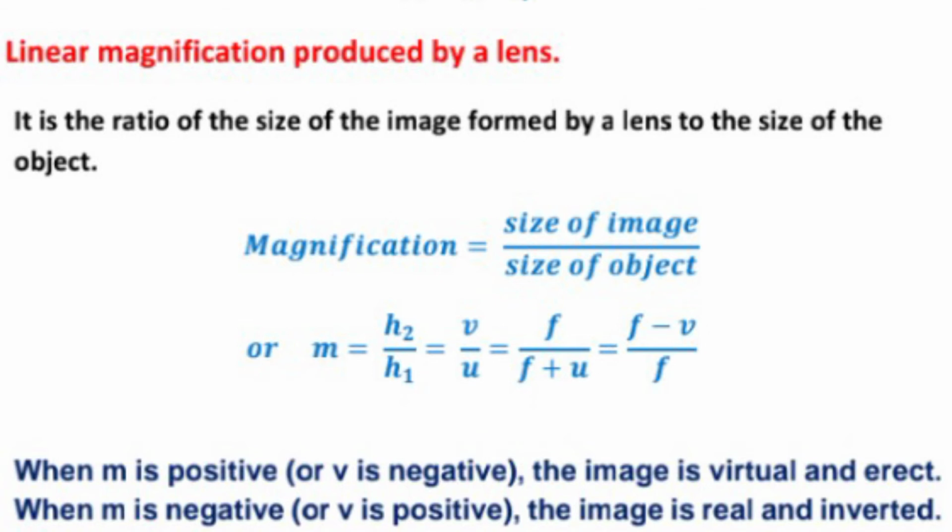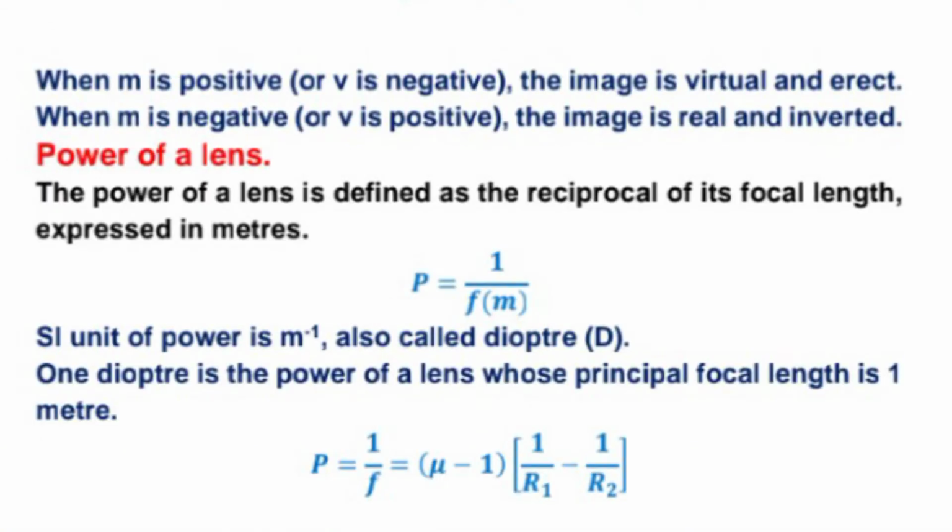Next is power of a lens. The power of a lens is defined as the reciprocal of its focal length. Reciprocal of focal length is called the power. It is expressed as P equal to 1 upon f in meter.